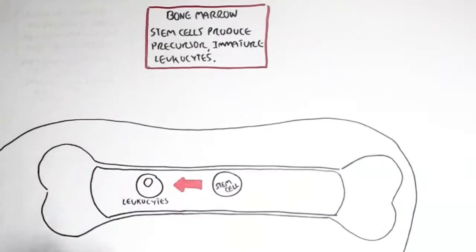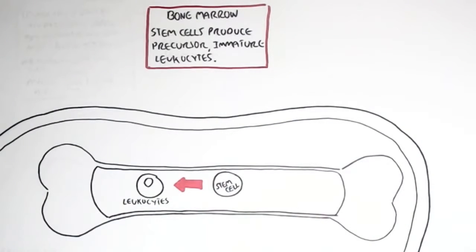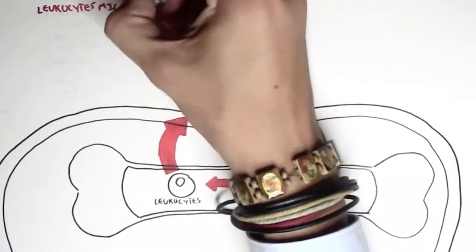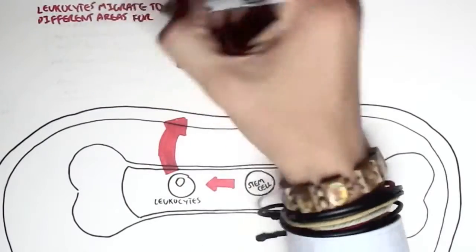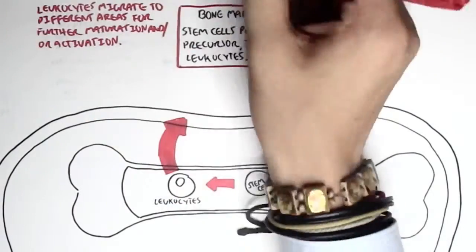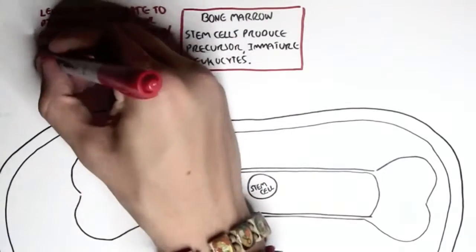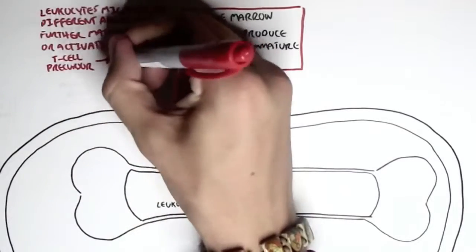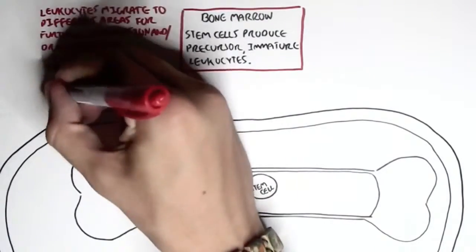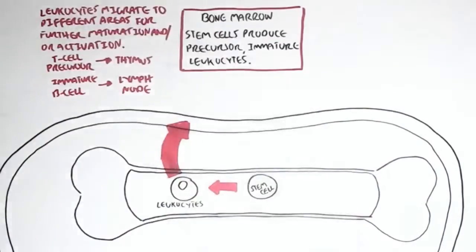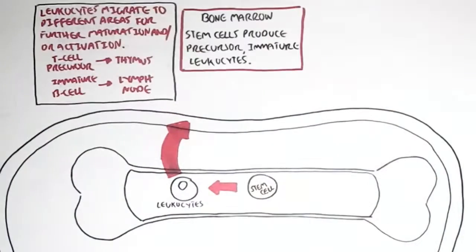Once these white blood cells are in the bone marrow, they will leave the bone marrow into the bloodstream over here. The leukocytes will migrate to different tissues for further maturation or activation. An example of this is the precursor T cell, which matures in the thymus, and the immature B cell, which goes to the lymph nodes to become activated.